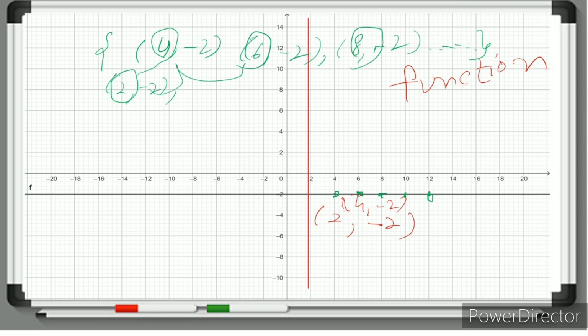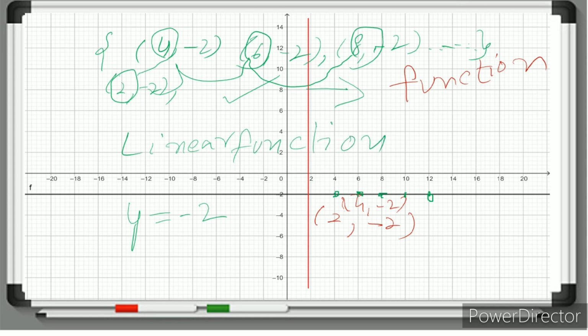So when no two ordered pairs have the same first coordinate, we call that relation a function. And this function y equal to minus 2 is a straight, horizontal line. I can call it a special type of linear function. I will discuss it with you afterward in another class.